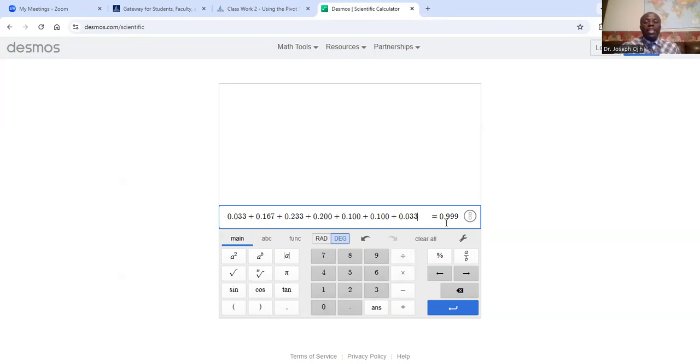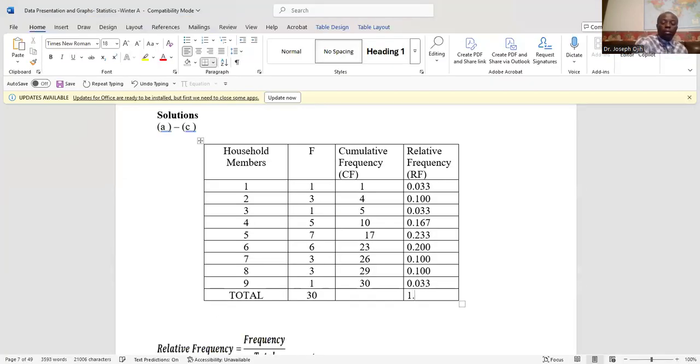Okay, that says 0.999, which is basically 1. So I'm going to call it 1.0, which means 100%.